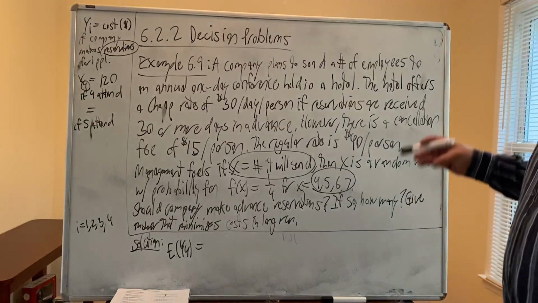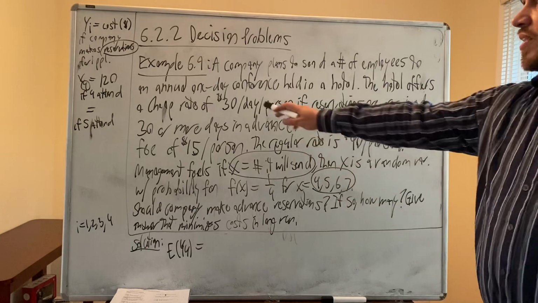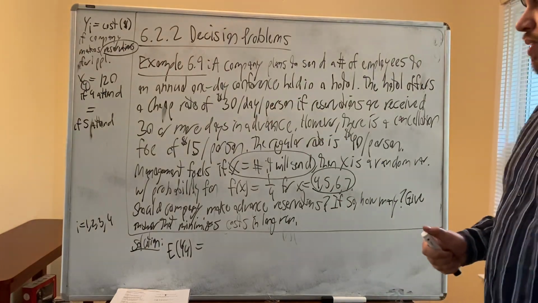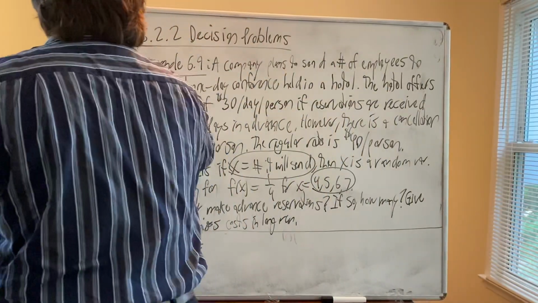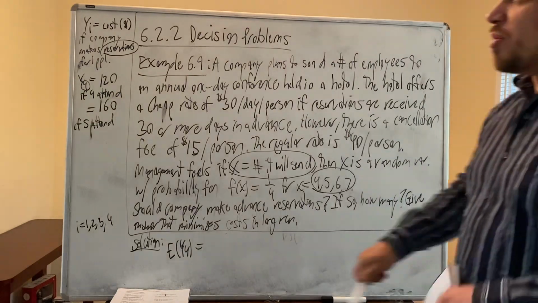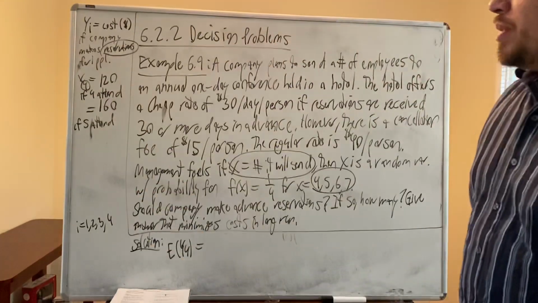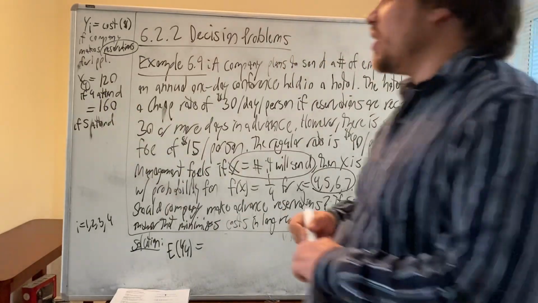So 5 people attend, they make reservations for 4, and the reservations are $30 per person per day. So it's 120 plus another 40, that's 160. If the company makes 4 reservations and 4 people attend, it costs $120. If they make 4 reservations and 5 people attend, it costs $160.